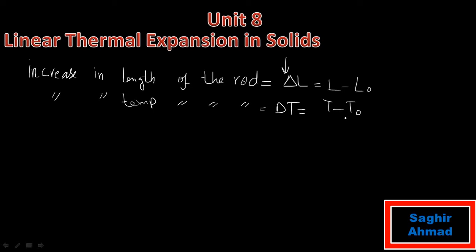It is found that the change in length del L of a solid is directly proportional to its original length L naught and the change in temperature del T. We can write del L directly proportional to the original length and del T. When we remove the proportionality sign, we put two things: number one, an equal sign, and second, a constant, and here the constant is alpha.